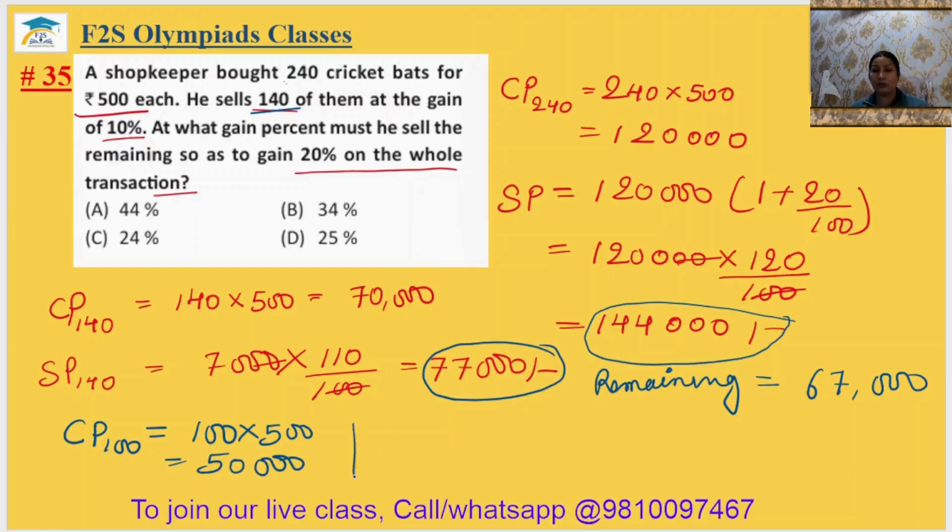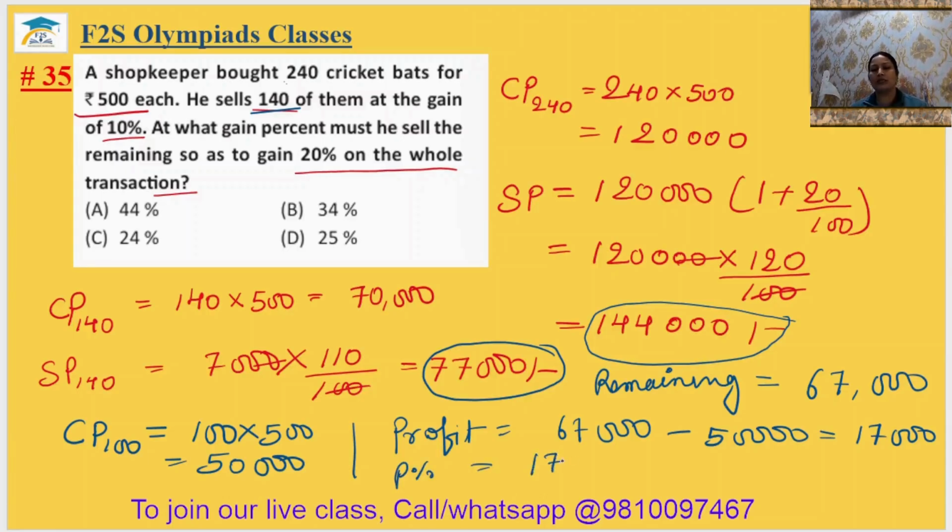So what will be the profit? Profit will be 67,000 minus 50,000 equal to 17,000. So profit is 17,000. So what is the profit percentage? Profit percentage will be 17,000 upon 50,000 multiplied by 100. 0 cancels out.